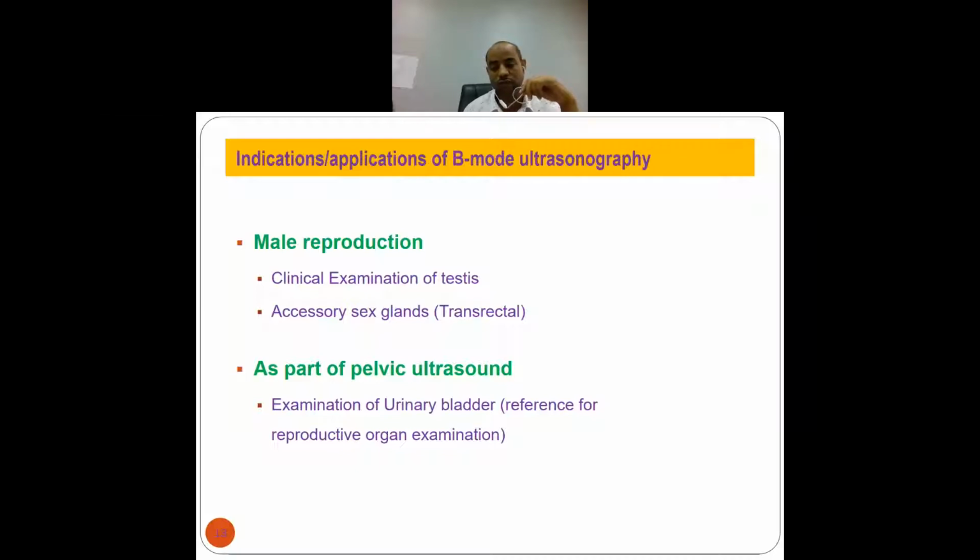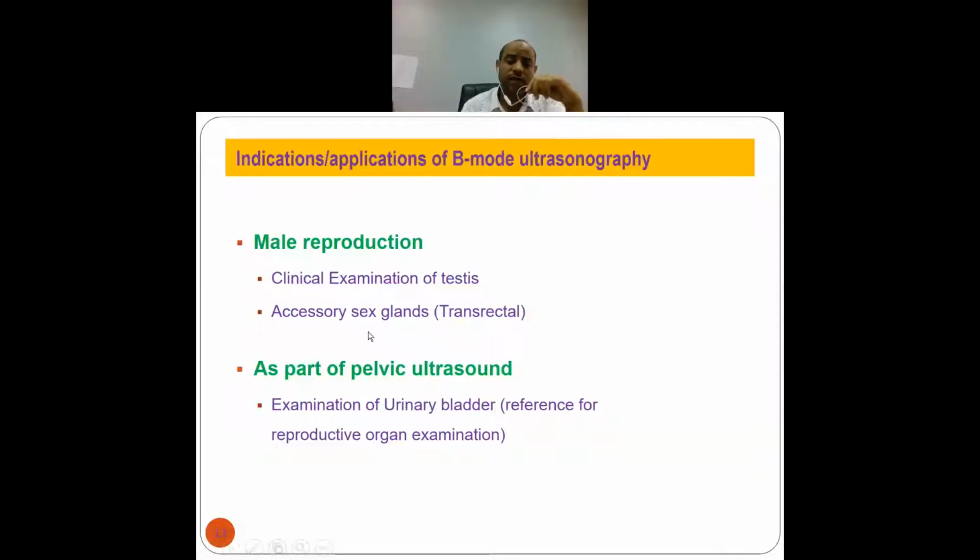One of the most important accessory sex glands, for example, is the seminal vesicle or the vesicular gland, which is quite sensitive to infection. So during breeding soundness examination of the males for selection purposes for breeding, if you have access to ultrasound, you can use it to scan and examine the health condition of these glands.